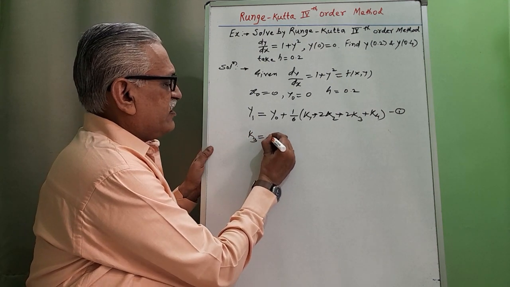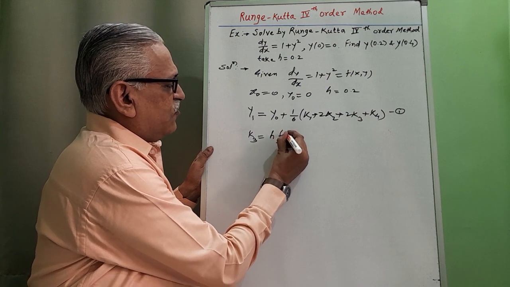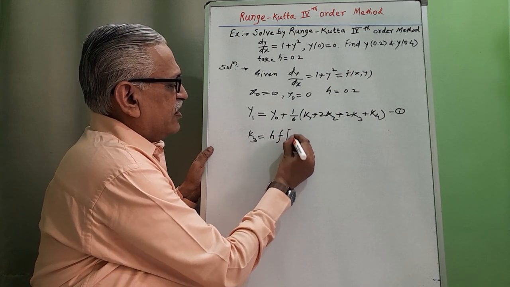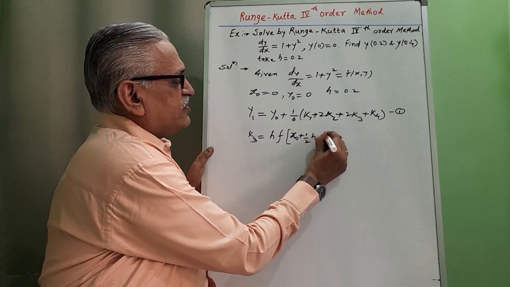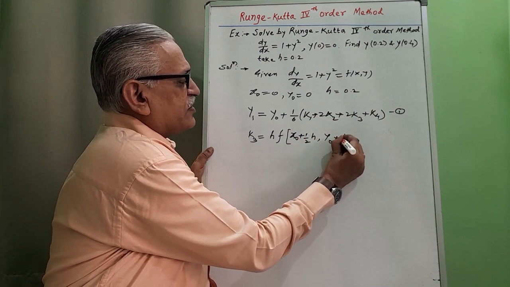Then we try to determine the value of k3. k3 is given by h f of x0 plus half h and y0 plus half times k2.